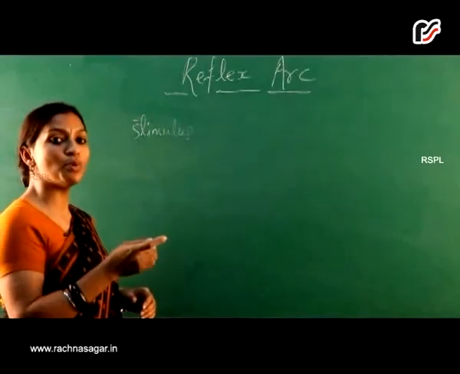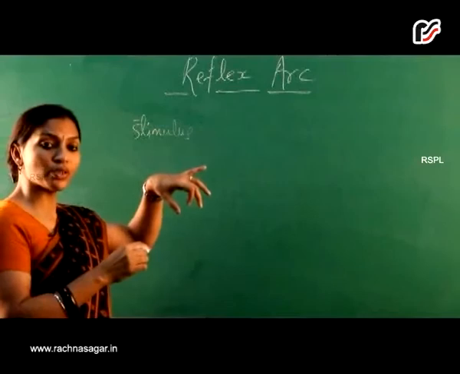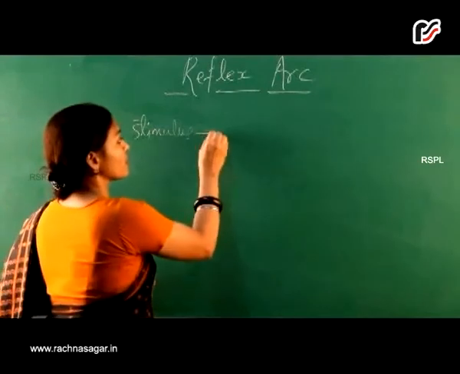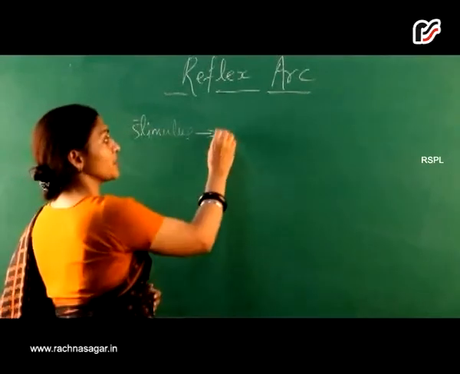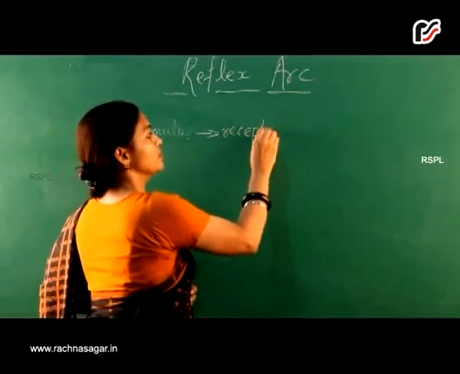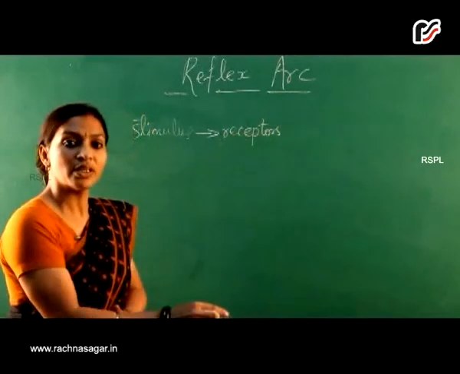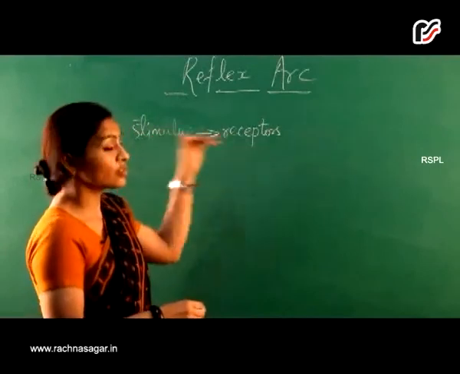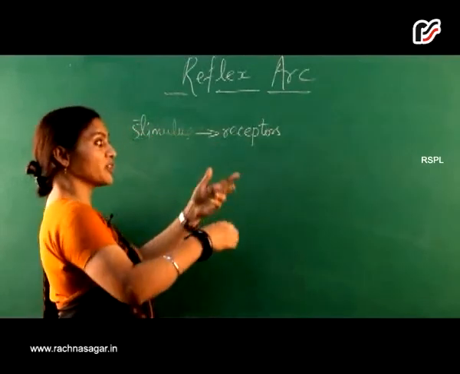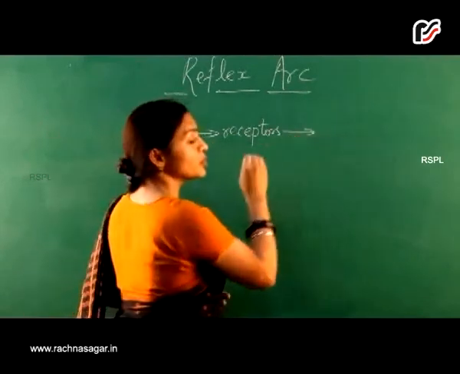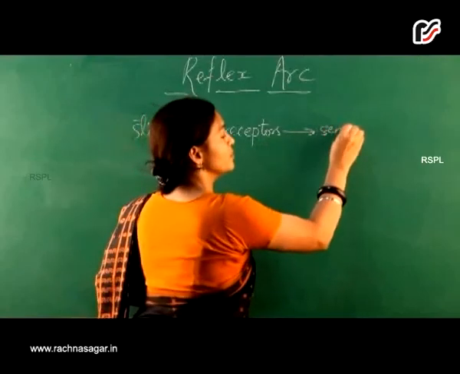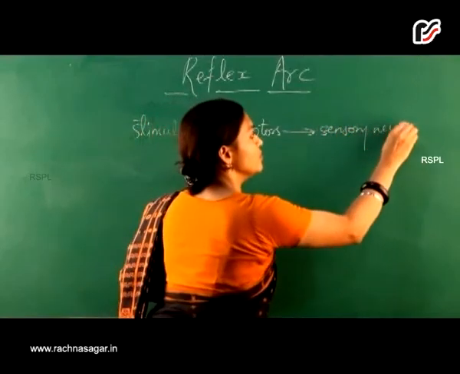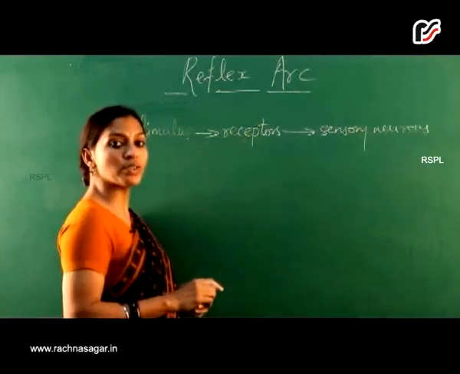Any cause or stimulus which is there in the outer environment is received by receptors. These receptors send this stimulus in the form of sensory sensation to the sensory neurons.